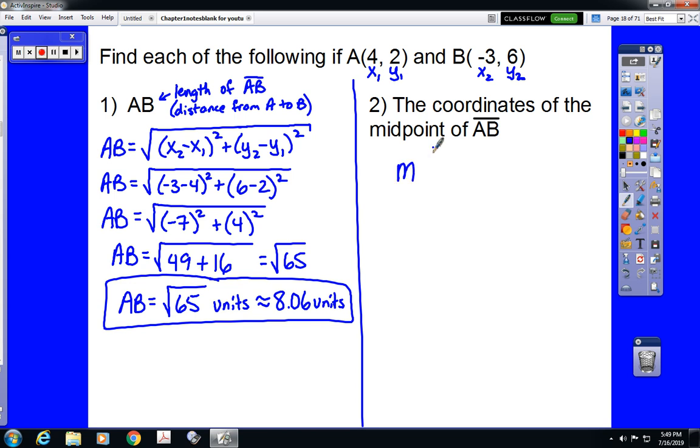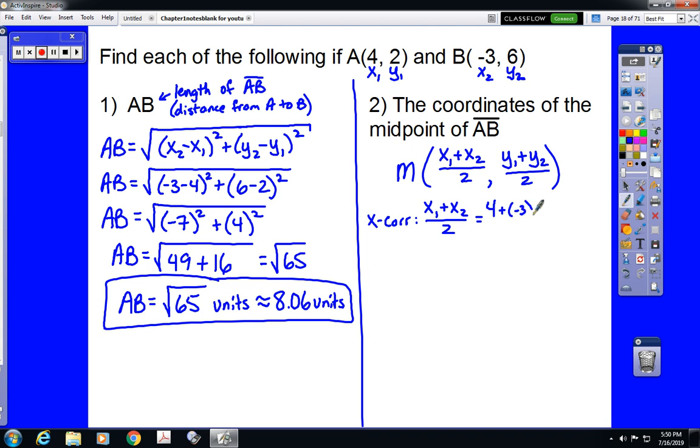Again, our midpoint formula says that the midpoint is located at the average of the x-coordinates and the average of the y-coordinates. So even though it's written like this, it's two separate equations. We start with the x-coordinate, which would be x1 plus x2 divided by 2, which would be 4 plus negative 3 over 2, or 1/2.